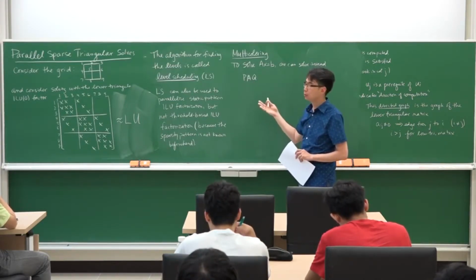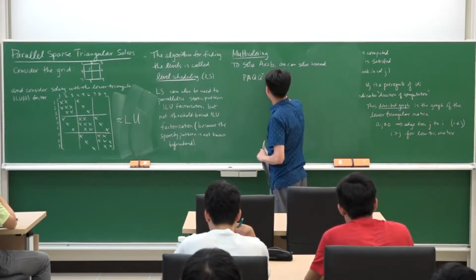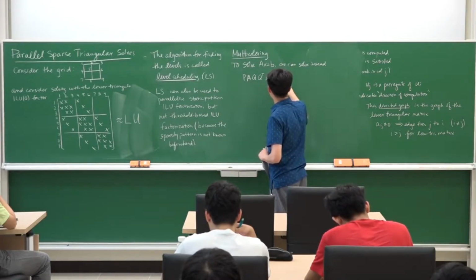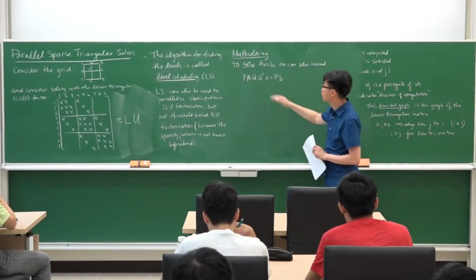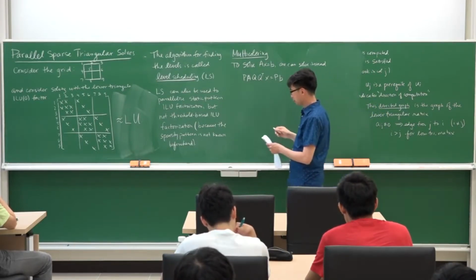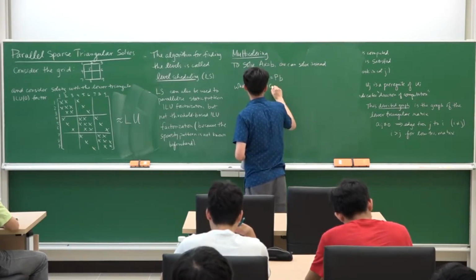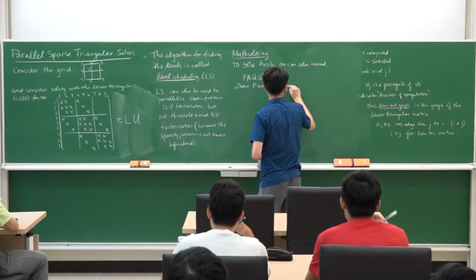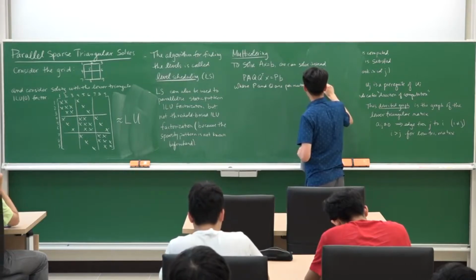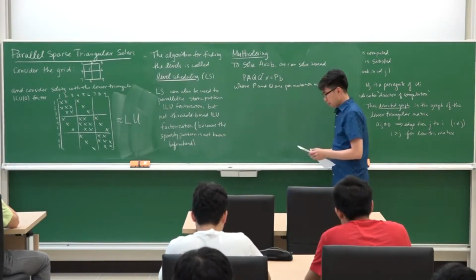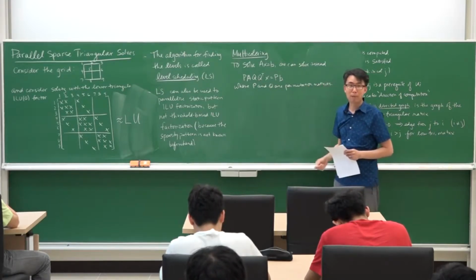Okay, although I will actually use symmetric permutations for the rest of this lecture. Okay, so we can solve this problem instead, and of course we can recover the original solution. So where P and Q are permutation matrices. Such that PAQ has some desirable properties.